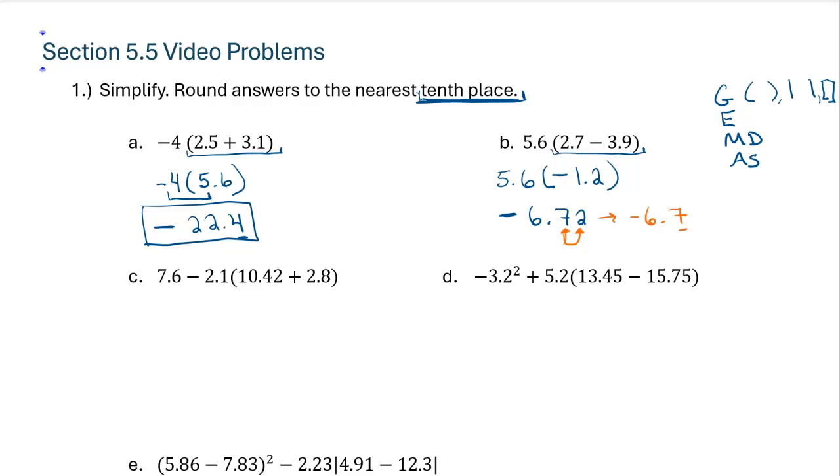And that is, I figure out the sign of my answer first, and then I run the calculation. So up here, for example, when I did that multiplication, I figured out a positive times a negative is a negative. I placed that negative, and then I ran my calculation.